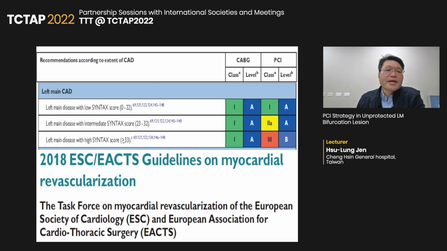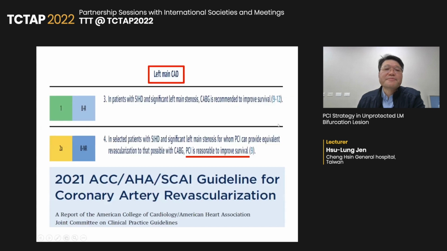The 2018 ESC guideline for myocardial revascularization still recommends left main disease with a SYNTAX score of less than 21 as a class 1 indication for PCI. For a SYNTAX score of around 23 to 32, it is a class 2A indication for PCI.